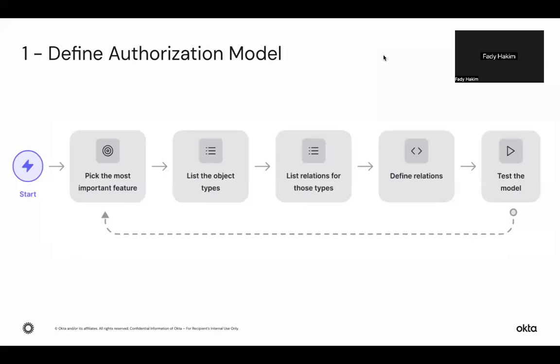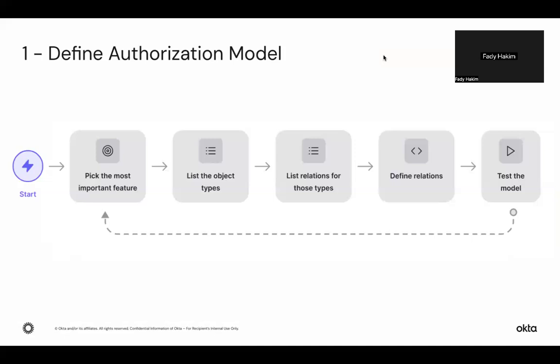As an example, for the expense report, your objects are users, reports, and managers. After you define those three objects, you can define the relationship between a manager and an expense report as an approver, and between a normal user and an expense report as a submitter. So this is how you can define your authorization model.